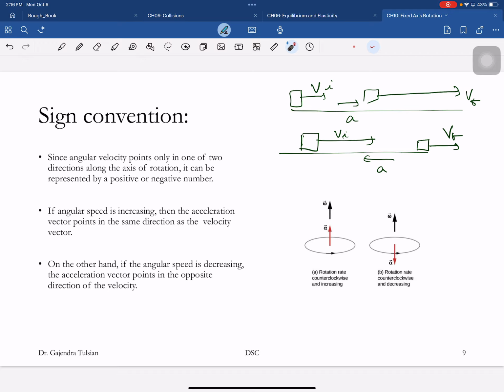Point your fingers in the direction of spin, and that's the direction of the velocity. Acceleration was pointing in the same direction. Now, if it's slowing down, the velocity is still in that direction, but the acceleration is in the opposite direction. So you spin faster, the acceleration is pointing in the same direction. If you're slowing down, then the acceleration is in the opposite direction.